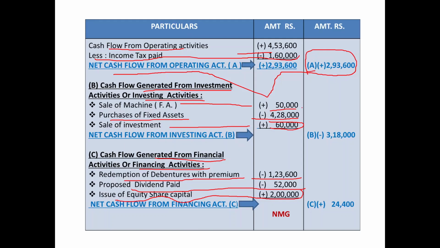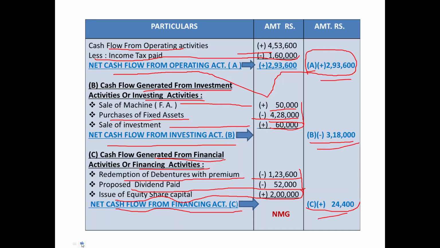Total of B, investing activities, net cash flow from investing activities B minus 3,18,000, and total of these three items, C, net cash flow from financing activities C plus 24,400. So we decided the answer of A, B and C.